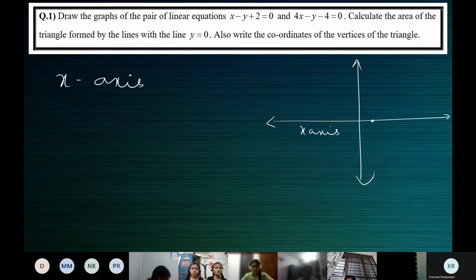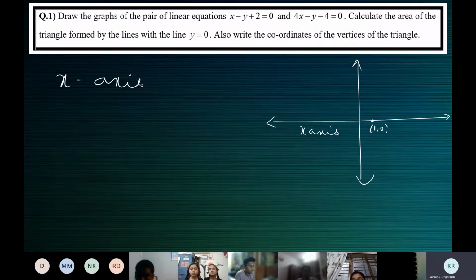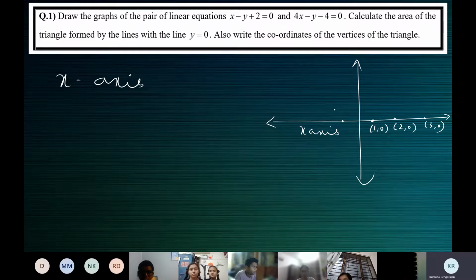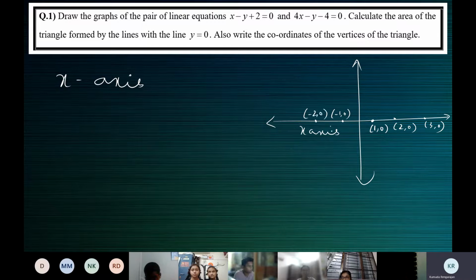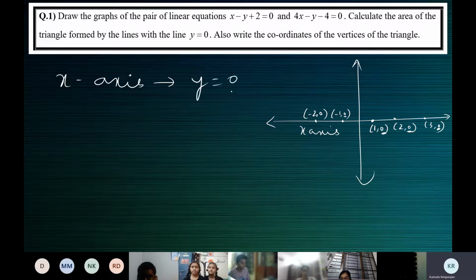Because what will be the address of this point? 1, 0. The address of this point 2, 0. This point 3, 0. This point -1, 0. This point -2, 0. So we see that the y coordinate of every point on the x-axis is 0. That is why the equation of the x-axis is y is equal to 0.